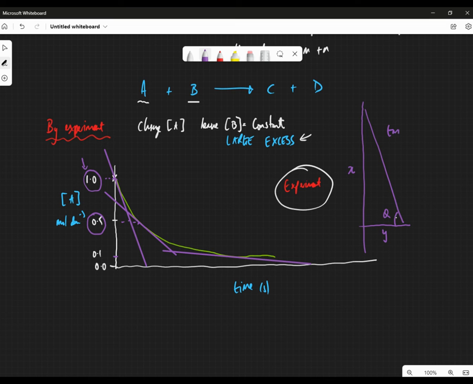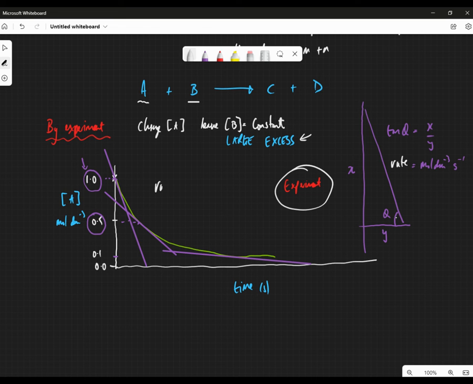So the tangent, or the gradient, same thing, is x divided by y. X is in moles per decimeter cubed. Y is in seconds. So the tangent gives us moles per decimeter cubed per second, which is another way of saying it gives us the rate. So if I find the tangents at 3 points here, I find the rates at 3 points.